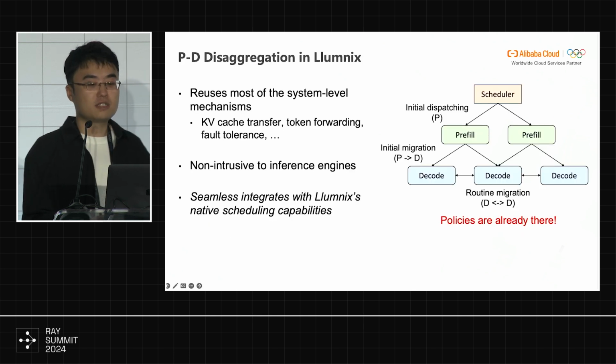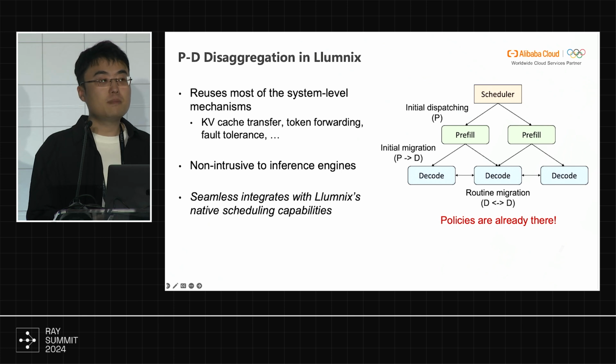What are the benefits? Well, first, this implementation reuses most of the system-level mechanisms of Llumnix that PD disaggregation also relies on. For example, the KV cache transfer, the token forwarding, because in PD disaggregation, you also need to forward the tokens from the D instances to the initial API endpoint.